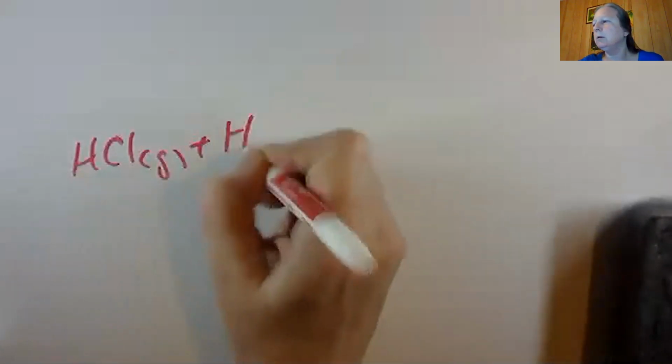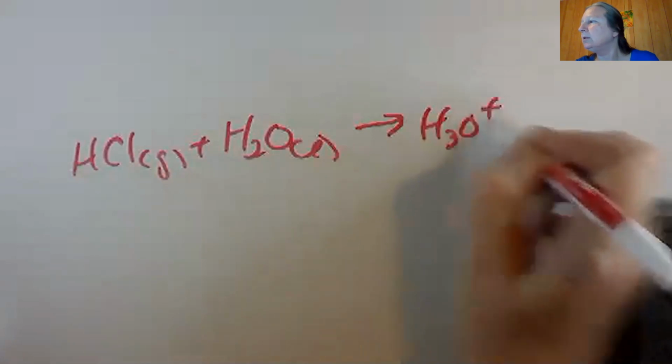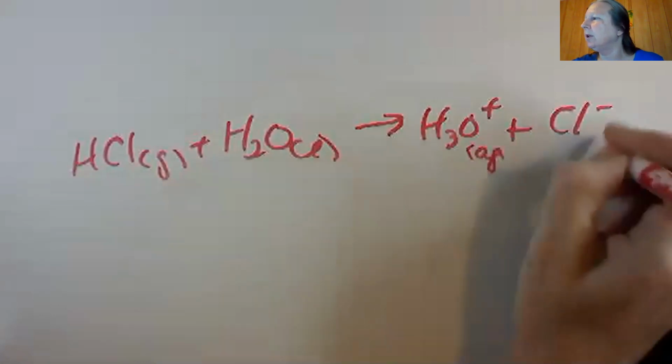Charges have to balance. If you have a charge, and I can work through this at a lecture, I don't have an example handy. But let's see, HCl, H3O plus Cl negative, aqueous.